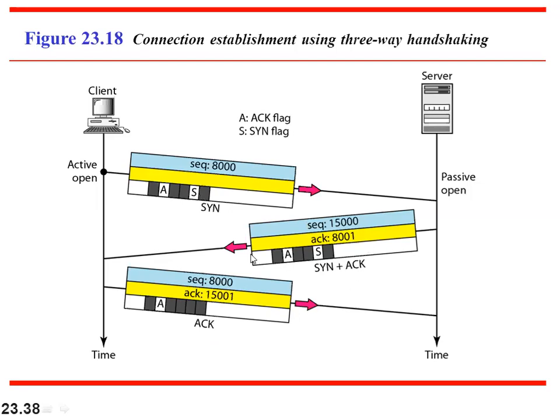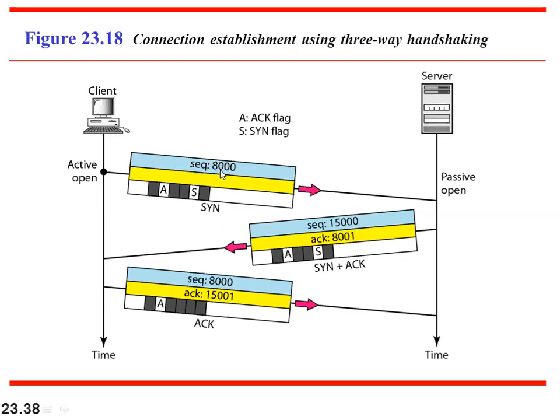Now the important thing here is to see the sequence number and the acknowledgement number fields. This is a synchronization packet, and a synchronization packet is identified by using the flag, that is the sync flag. If the sync flag is set, it means this packet is a synchronization packet. This synchronization packet is going to have a sequence number, by which it will be uniquely identified.